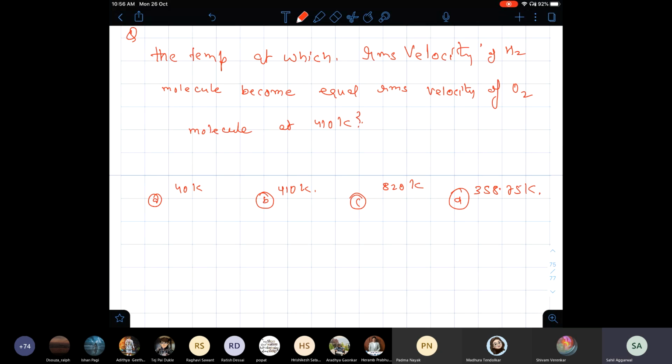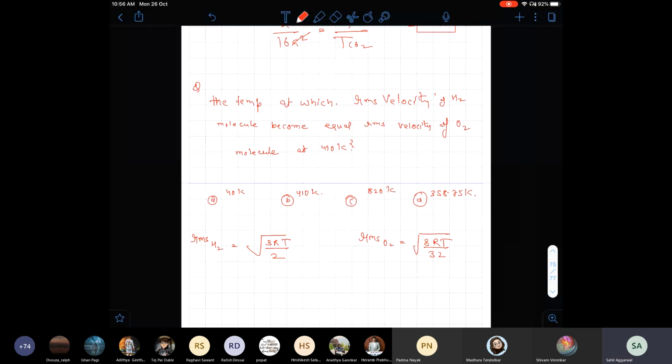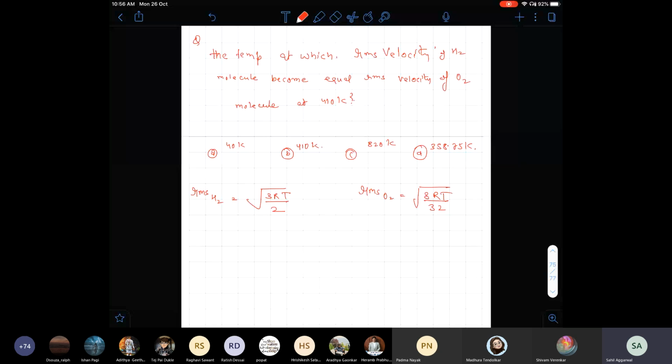RMS velocity of H2 will be root 3RT by 2. RMS velocity of oxygen will be root 3RT by 32. हमें टेम्परेचर बताना है. We have to make them equal. So root 3RT by 2 equals root 3RT by 32.